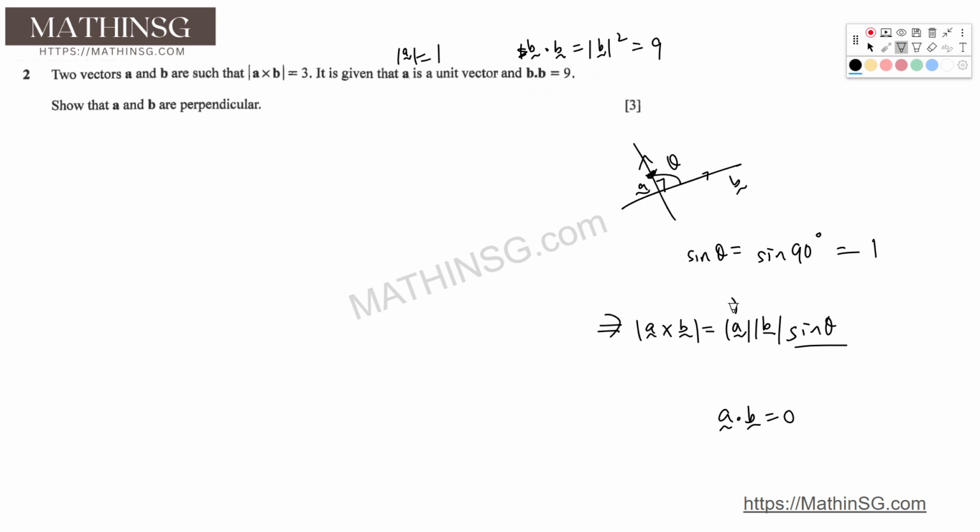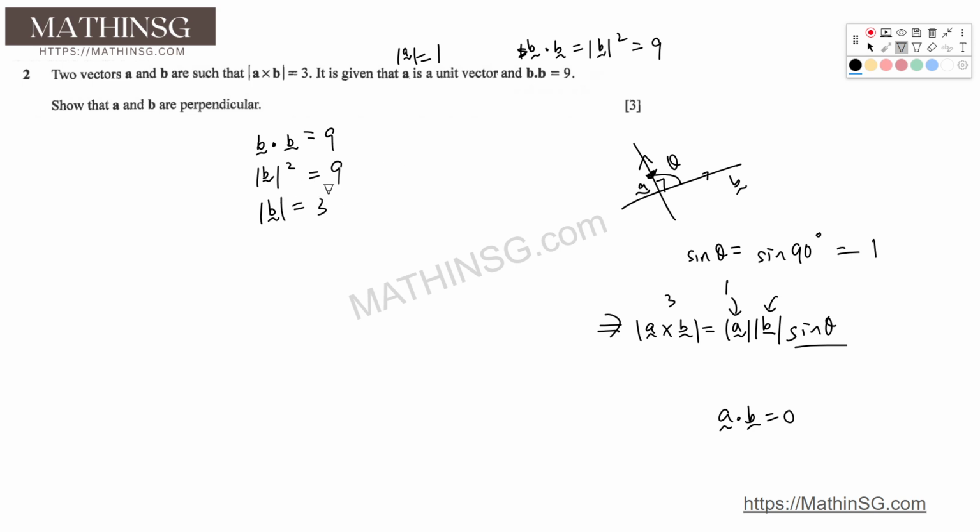And we can already find mod A and mod B, right? We know mod A cross B is 3, given here. We know that A is a unit vector, so mod A is 1. Mod B we can find, right? Because we know B dot B is equal to 9, so mod B squared is equal to 9. So mod B must be equal to 3.